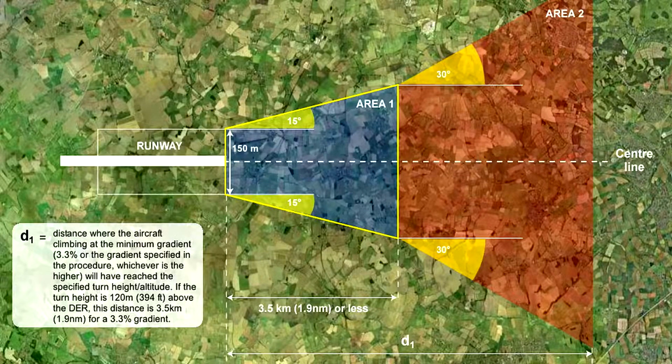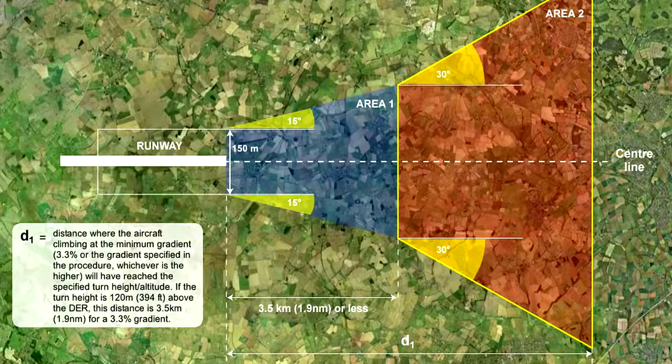At this point, we can usefully discuss minimum obstruction clearance, MOC, in terms of the departure footprint. Notice the two areas that extend from the departure end of the runway. These are the areas in which obstruction clearance must be guaranteed at the rate of 8 meters per kilometer. That is, 48 feet per nautical mile.